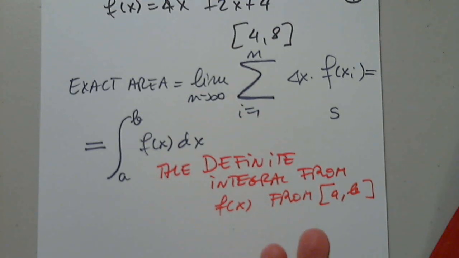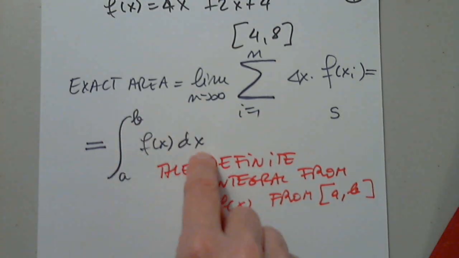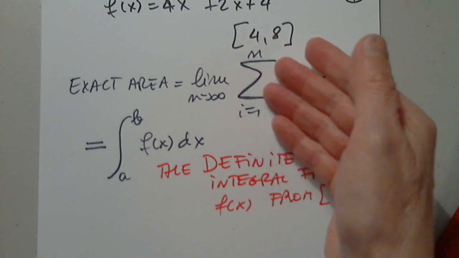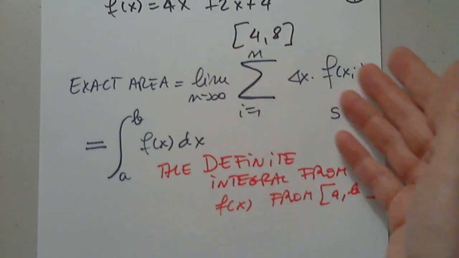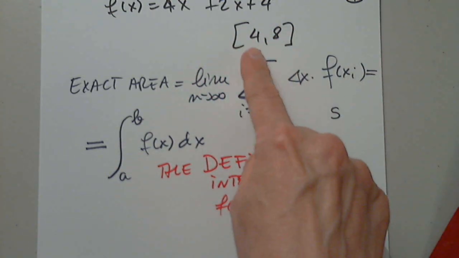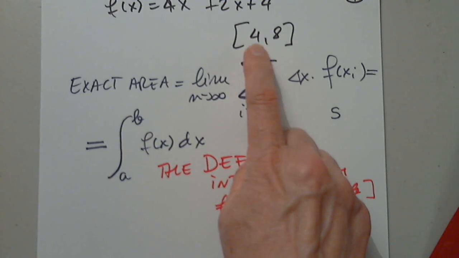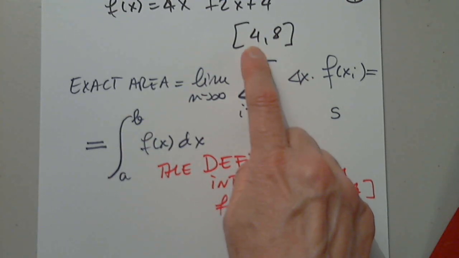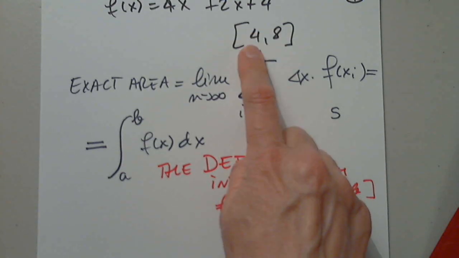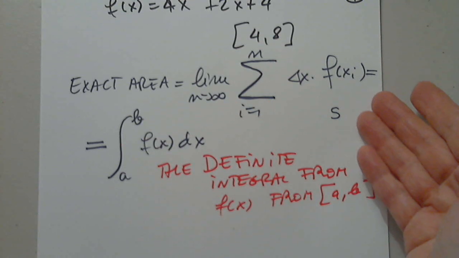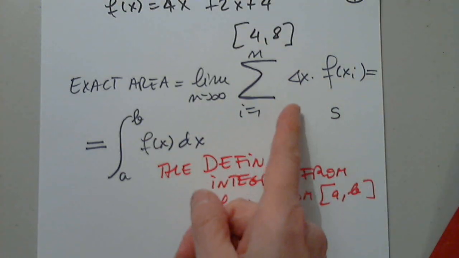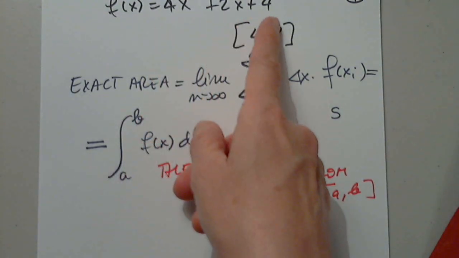Yes, fine, but how do I calculate this? This is not easy in many situations, especially when the leftmost point of the interval is not 0. Furthermore, we are restricted to polynomial functions.